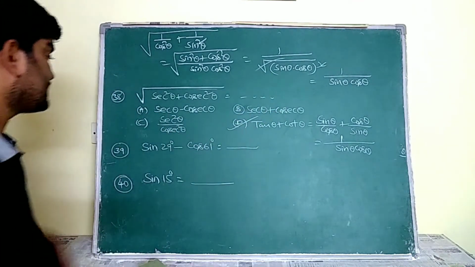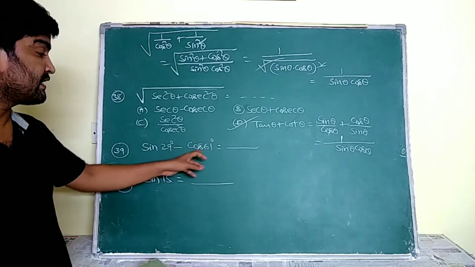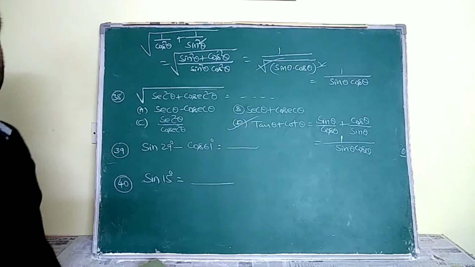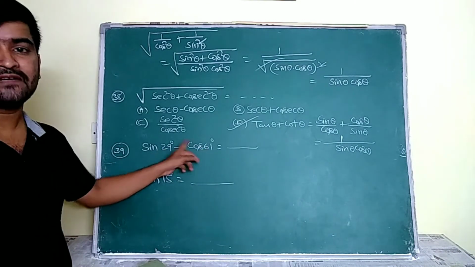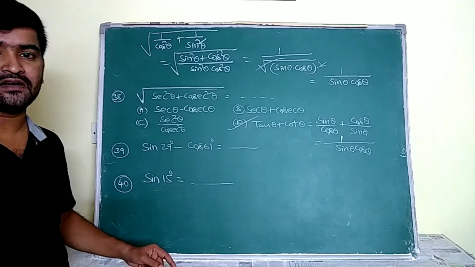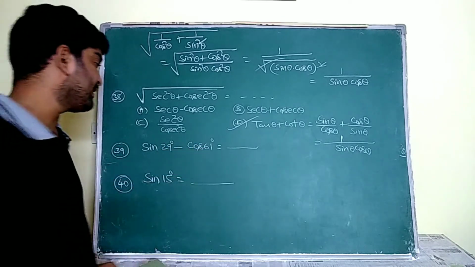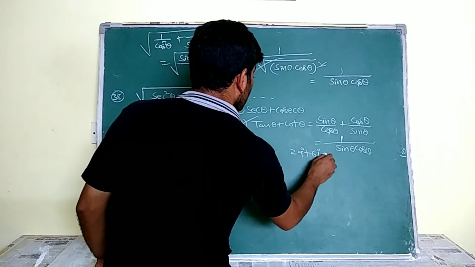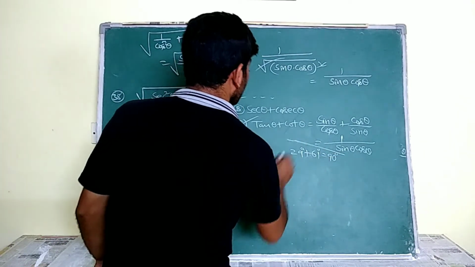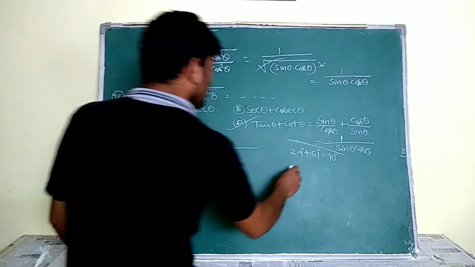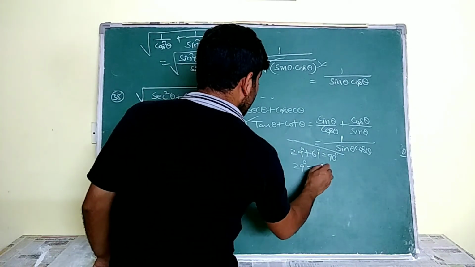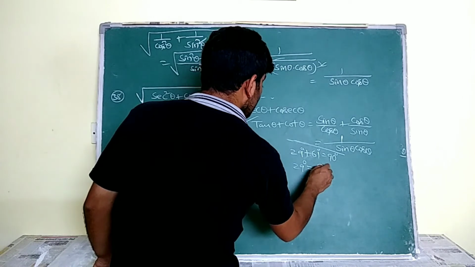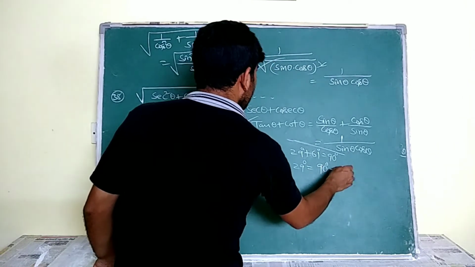Okay, like that. Here I don't know the values of sin 29 and cos 61 degrees. So I asked you to check whether those two angles are complementary or not. Here these two are complementary. So write them, 29 plus 61 is equal to 90. Now you have to choose any one of those two values. I am going to express this 29 degrees as 90 degrees minus 61 degrees.